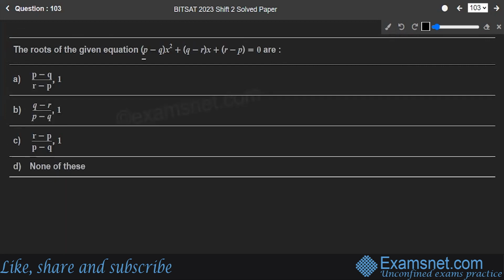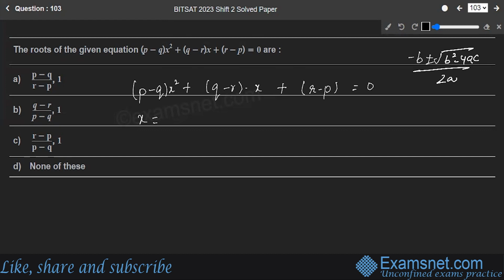Next is question number 103. The roots for the equation (p minus q)x square plus (q minus r)x plus (r minus p) is equal to 0 are. So you have the given equation as this. By using the quadratic formula, the two roots will be given by minus b plus minus root of b squared minus 4ac upon 2a.